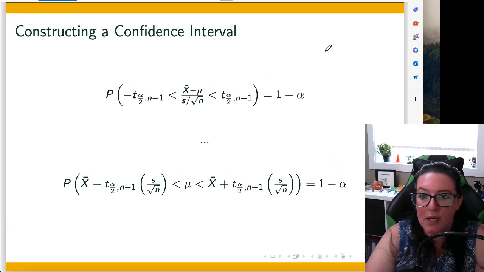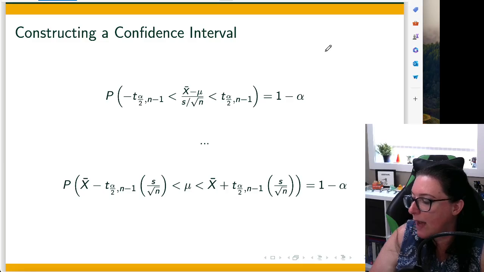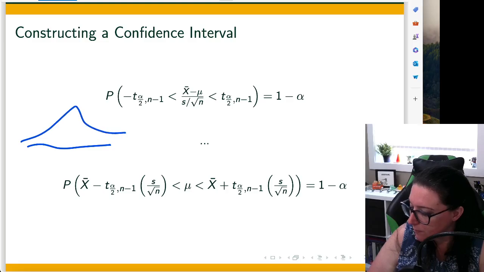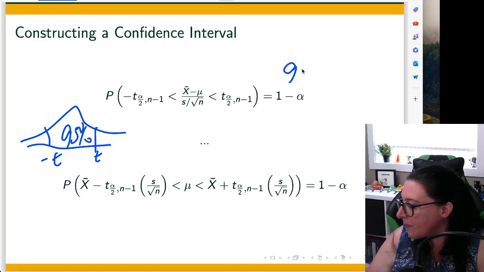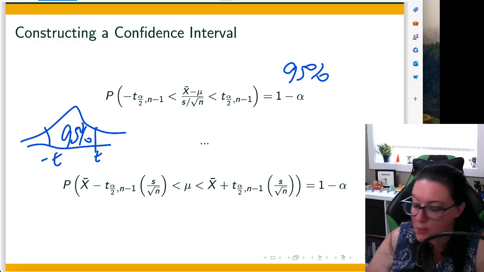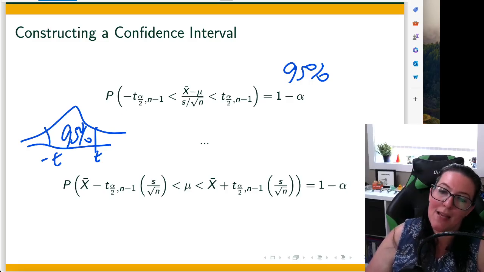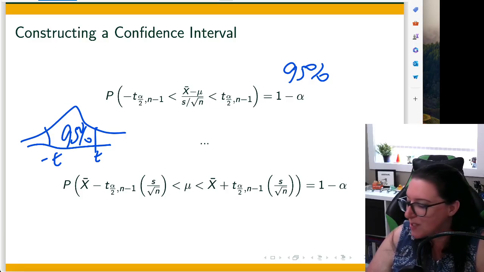So this image here is just showing you how we end up there. If we start out with the lower bound being on our negative t and our positive t for our 95%. What's in the middle there is your t-score, x bar minus mu divided by s over the square root of n. We could then multiply s divided by the square root of n to both sides.